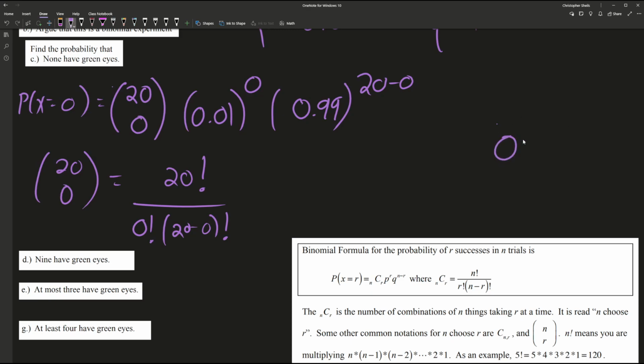And just for reference, we define 0 factorial as being 1. So this ends up just being 20 factorial over 1 times 20 factorial. So 20 choose 0 is 1. There's only one way to choose 0 things from 20 things. There's only one way to choose nothing.